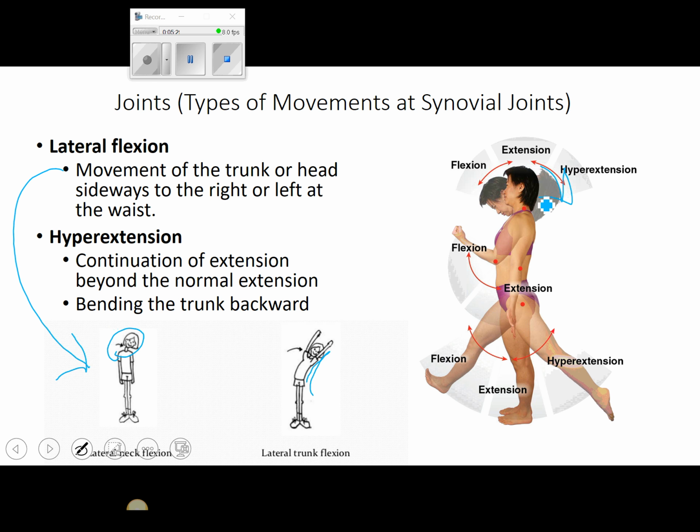And then of course the legs, if your leg comes back, you're hyperextending it backwards. Also moving the palm backwards at the wrist joint, or swinging the arm back, would be another example of hyperextension.